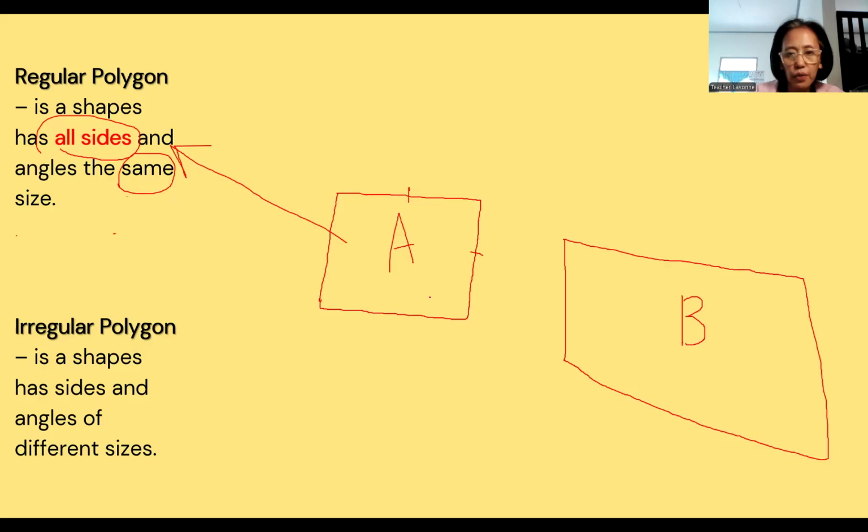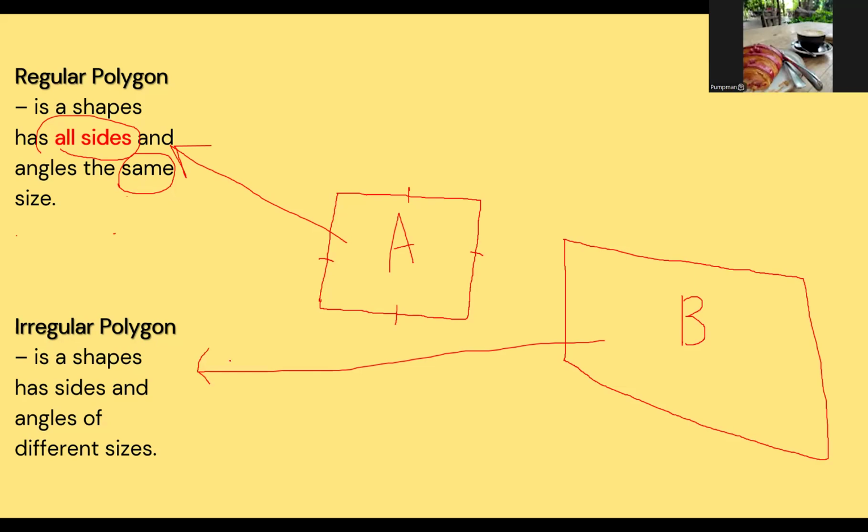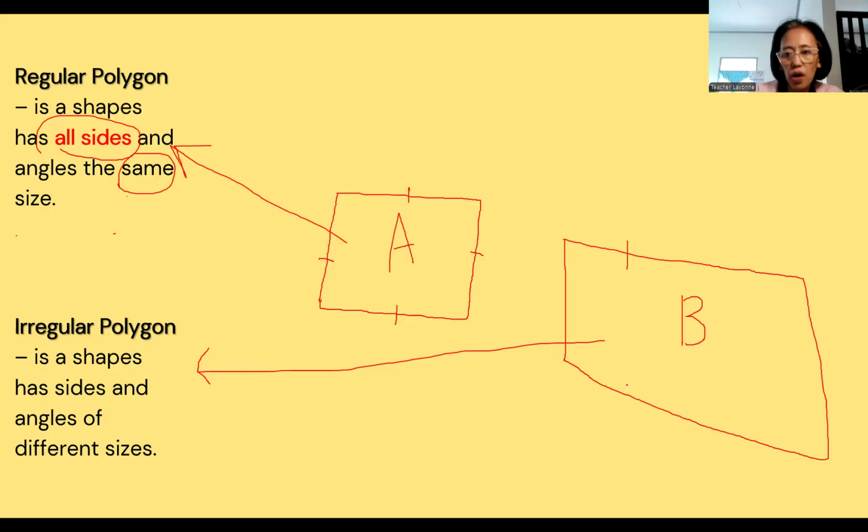They are all equal, right? Letter B is irregular because this one is long, this one is short. Very good. So that is regular and irregular shapes.